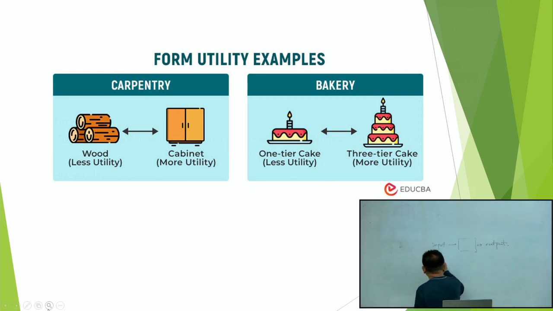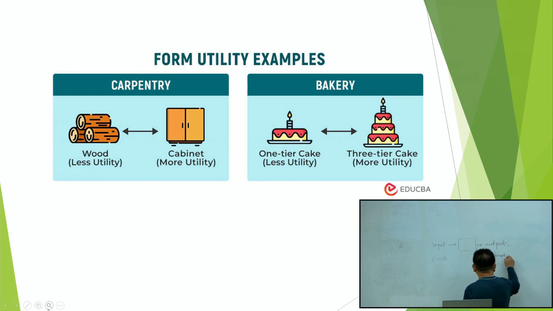Input is wood. Output is furniture or a cabinet. So input is materials, and output is goods and services. Processing is a very important area in business management, and there are many kinds of concepts in here.